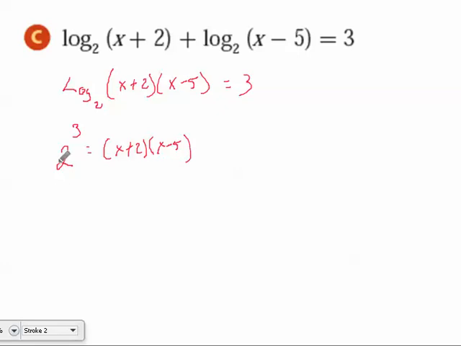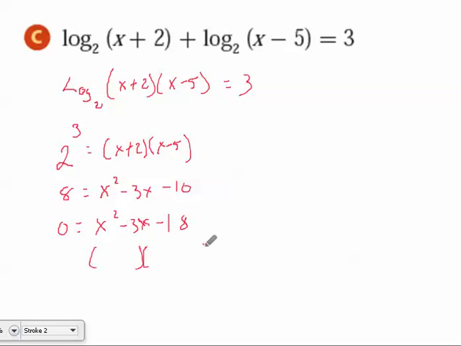Well, 2 to the third power is 8. And I can expand this using FOIL, and you get x squared minus 3x minus 10. If I subtract the 8 from both sides, 0 is equal to x squared minus 3x minus 18. Now I can factor this.